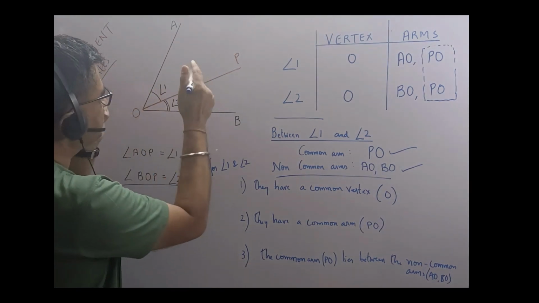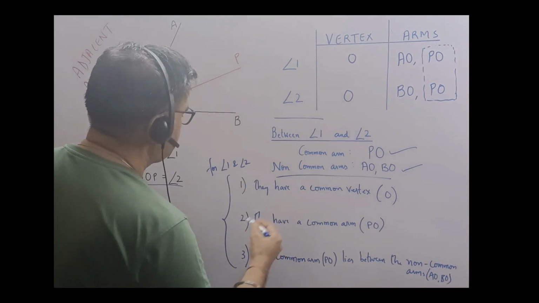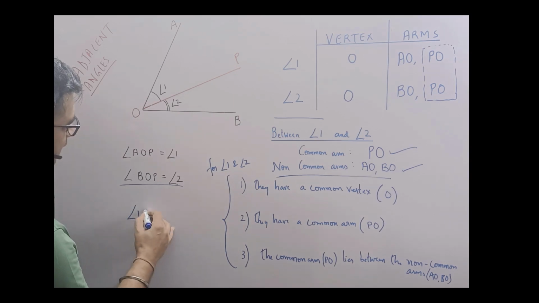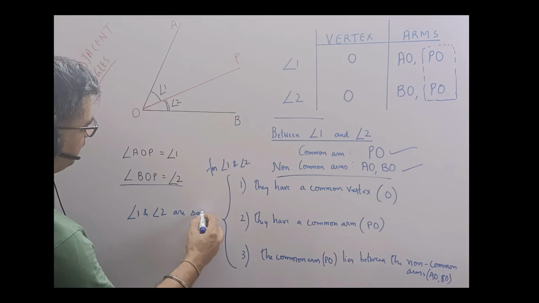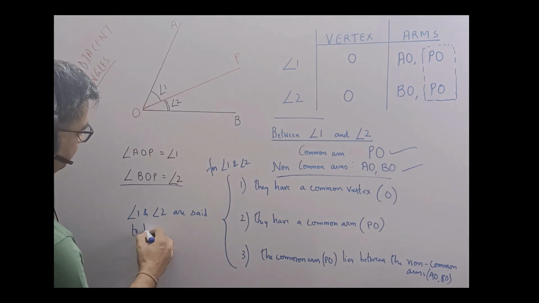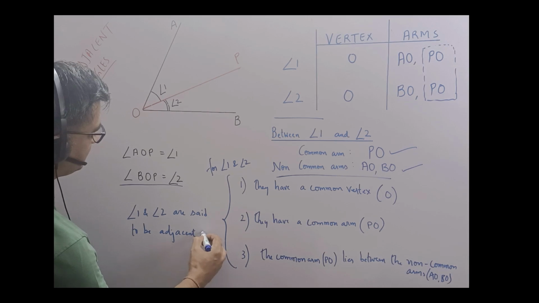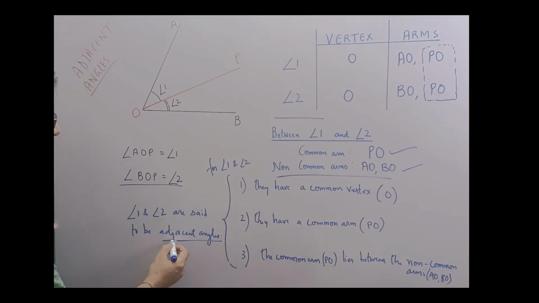So PO comes in between. When all of these three conditions meet, angle 1 and angle 2 are said to be adjacent angles. Full stop. Nothing more, nothing less.